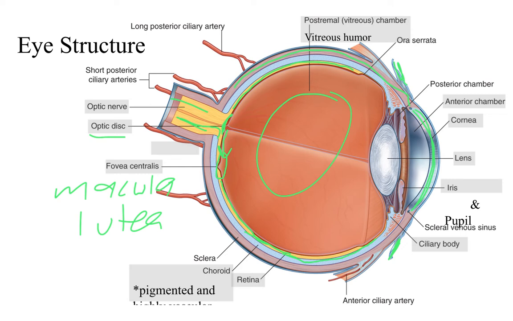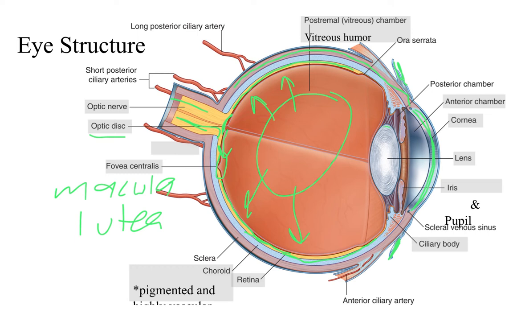If you've ever dissected an eyeball and taken it apart, once you take out the vitreous humor, the retina is pretty loosely attached to the eyeball. So the vitreous humor provides pressure to keep the retina tight against the choroid layer so that your vision remains intact.